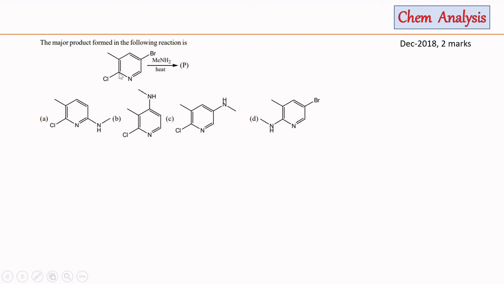So this center will be more electron deficient, and addition of this amine, that is, the nucleophile, will take place at this position and ultimately lead to the liberation of the Cl group as Cl minus, and that will abstract one proton from this NH bond to form the corresponding acid, and the final product will be this.